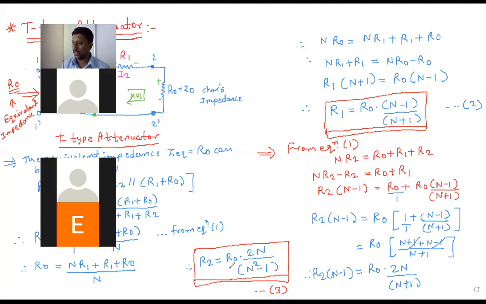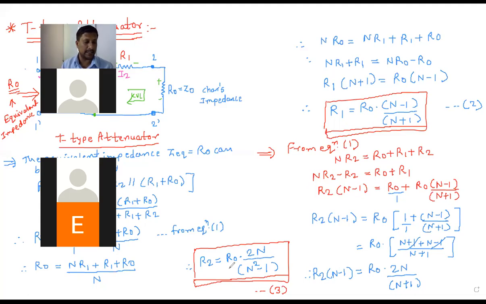Okay, so today we can stop here. In the next lecture, we are going to solve the numerical examples which are based on T-type attenuator. So how to design the T-type attenuator. They will give the attenuation in terms of decibel. Sometimes they will give the attenuation in terms of Neper directly. कारण आपल्याला फॉर्म्युला मध्ये n लागणार आहे.